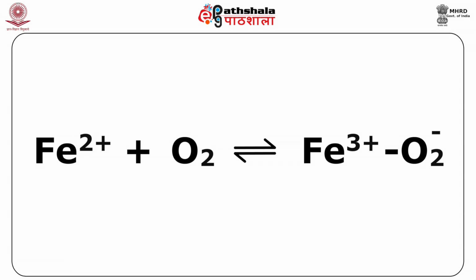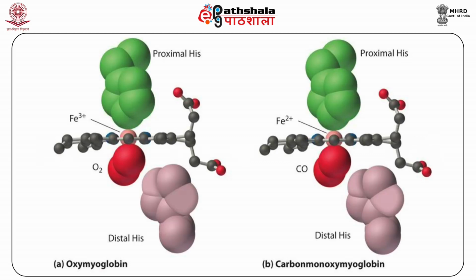We can therefore represent the binding of dioxygen to deoxyhemoglobin and its release as a reversible redox reaction. As shown in the figure, the iron oxygen unit is bent with an iron-O-O angle of about 130 degrees.